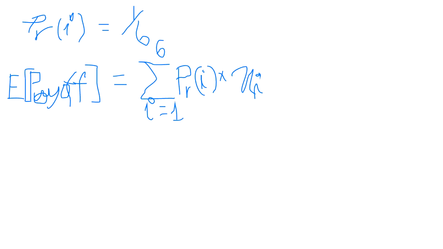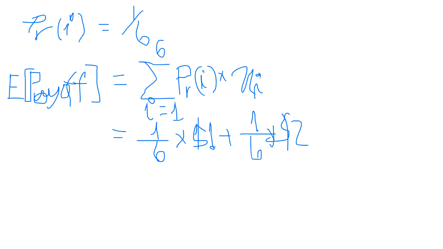So then it's going to be 1 over 6 times the first possible payoff, which is $1, right? And then 1 over 6 times $2. And you keep going like this.